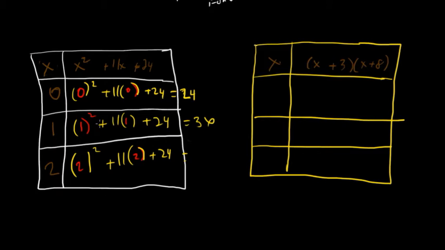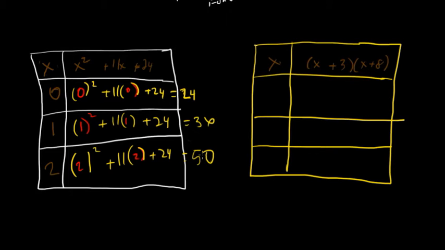So 22 plus 4 will be 26, and 26 plus 24 will be... I'm sorry, that'd be 50. What am I doing here? That'd be 50.